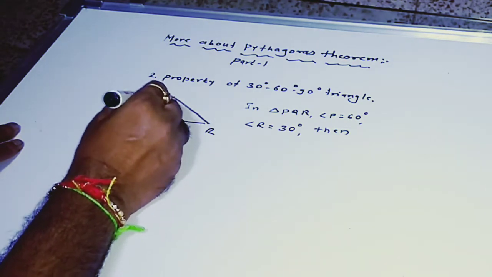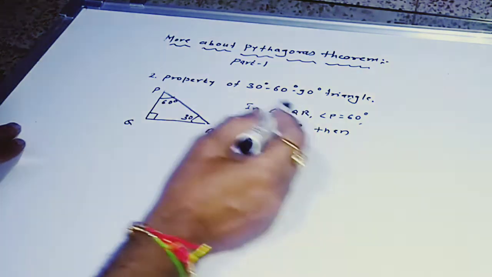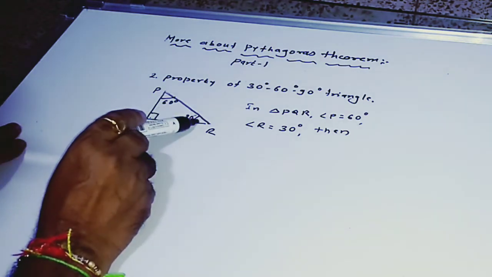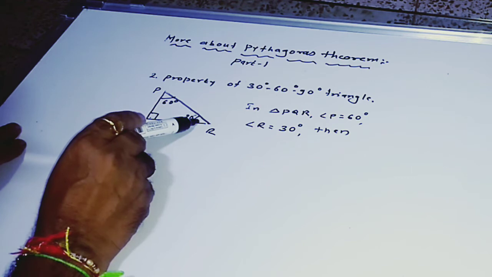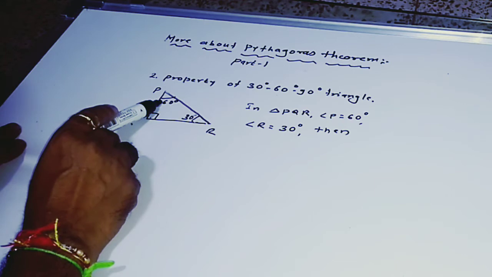Consider this is 60 degree and this is 30 degree. In triangle PQR, angle Q is 90 degree, angle R is 30 degree, angle P is 60 degree.